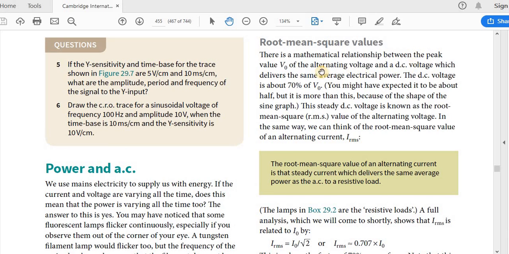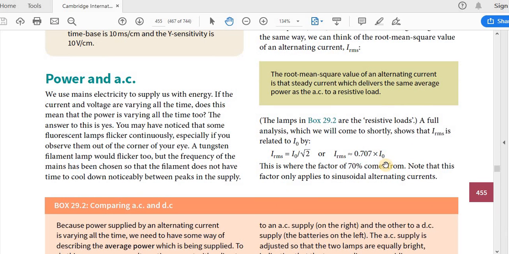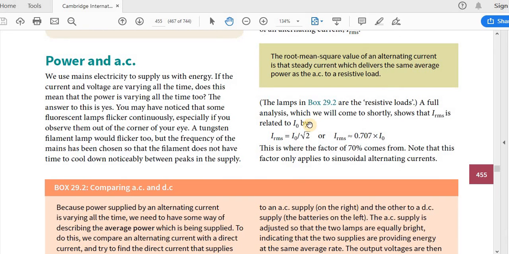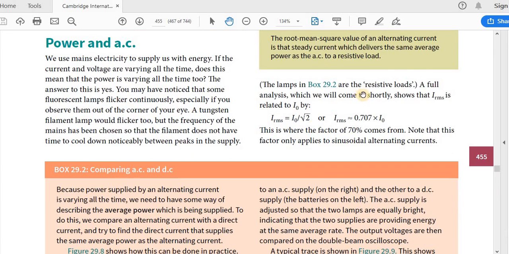Okay, again over here you can see the peak value V0 of the alternating voltage, and a DC voltage which delivers the same average electrical power. Alright, so this equation explains everything. The lamps in box 29.2 are the resistive loads.